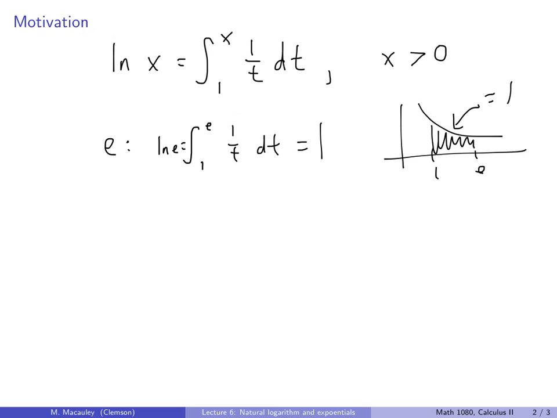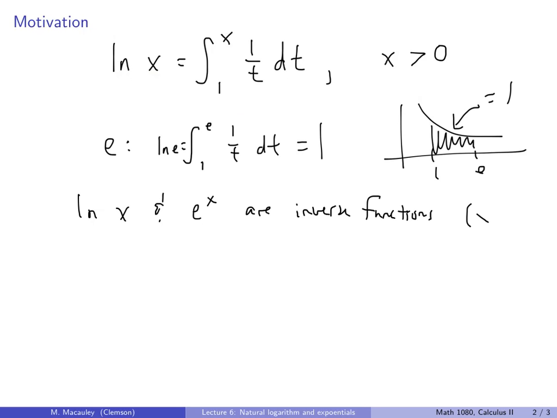So from here, the fundamental theorem of calculus tells us that the natural log of x has an inverse function, and it's not hard to show that the natural log of x and e to the x are inverse functions.